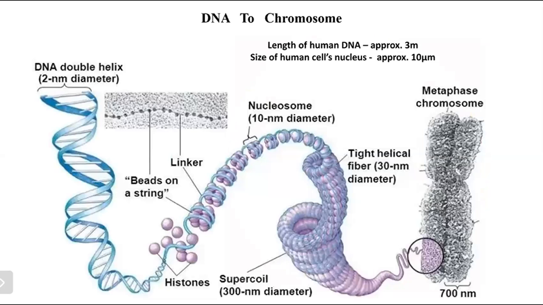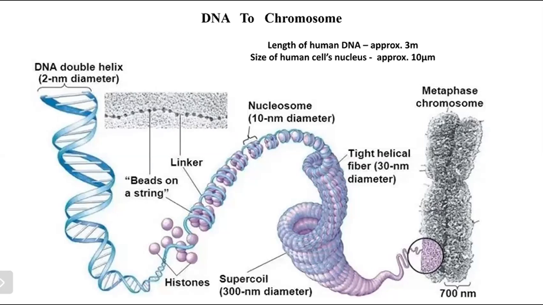Next is DNA to chromosome. You know that we have seen the structure of DNA, but during cell division, DNA is in the form of chromosome. So how does DNA form a chromosome? There is a lot of packaging, because you can see the length of the human DNA is very long as compared to the human cell nucleus.